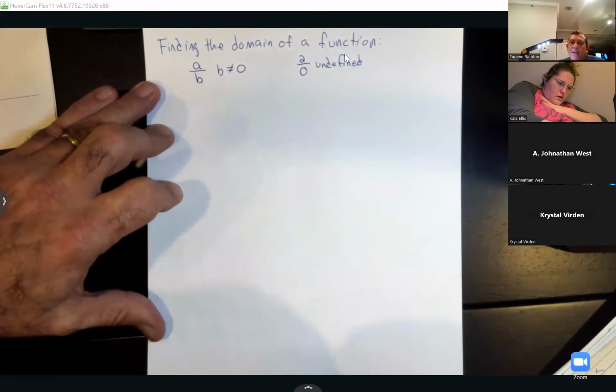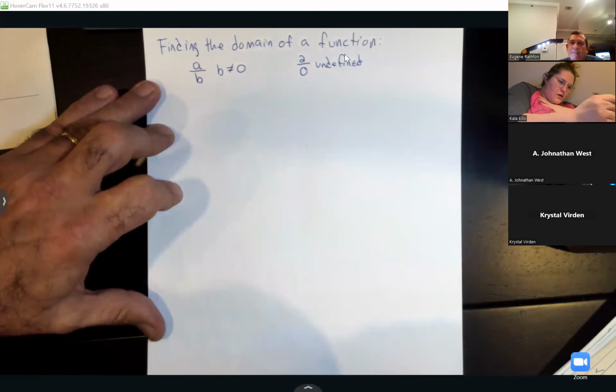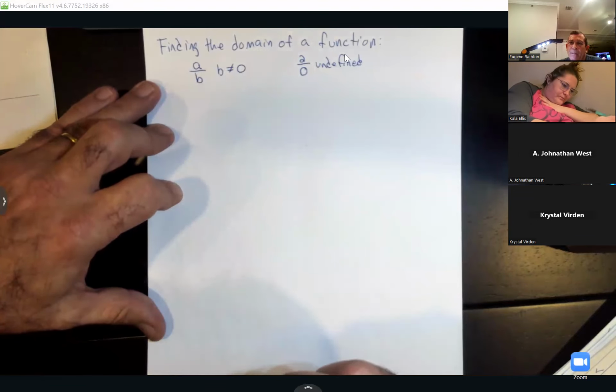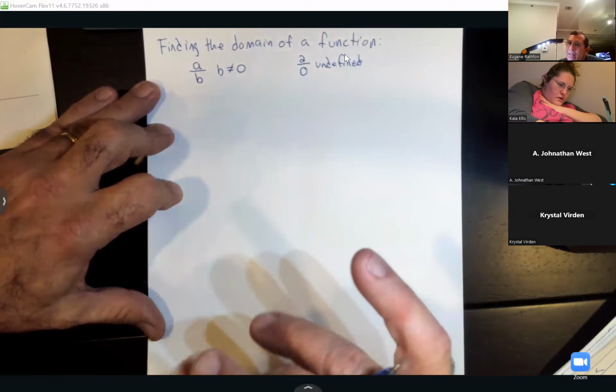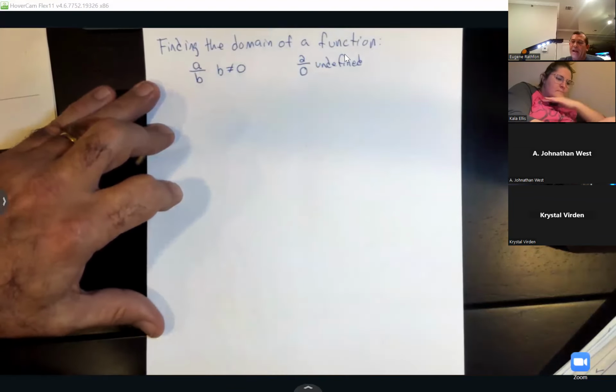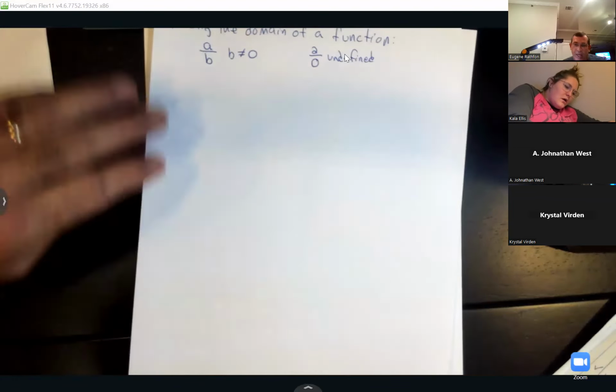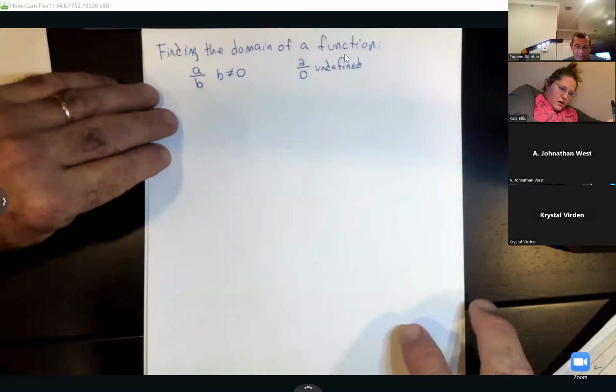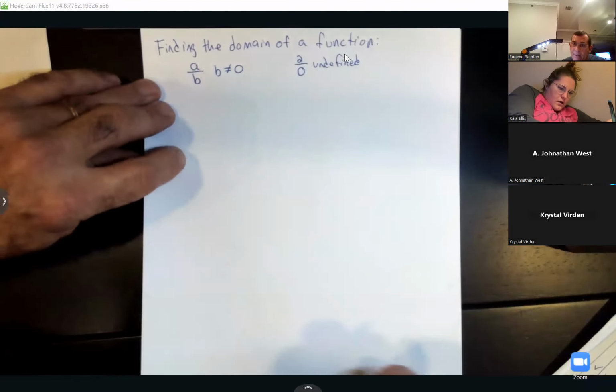That means when I'm looking at functions, if it's a fraction, I've got to figure out if there are any numbers that will make it undefined.